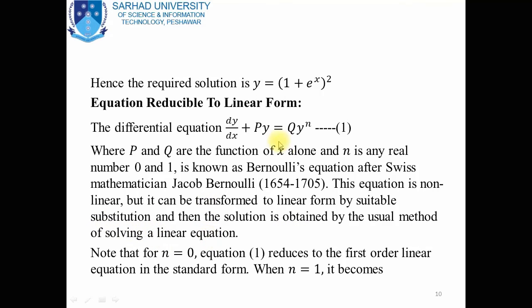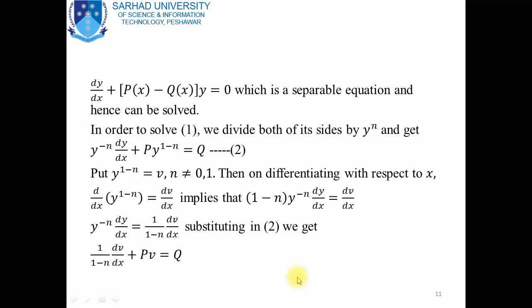So dear students, in this equation, if we put n is equal to 0, equation 1 reduces to the first order linear differential equation in the standard form. When n is equal to 1, it becomes dy/dx plus (P(x) minus Q(x)) times y is equal to 0, which is a separable equation and hence can be solved.